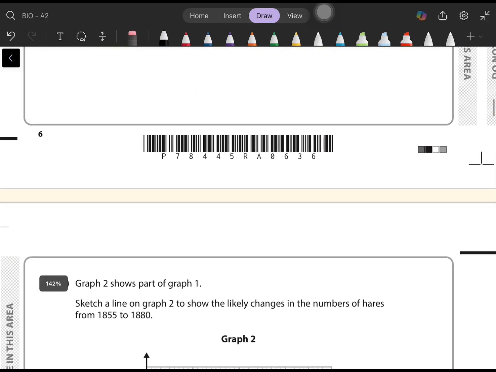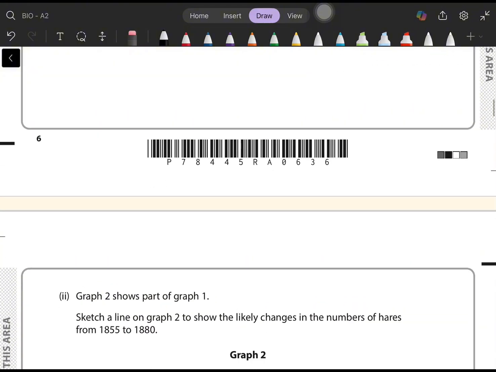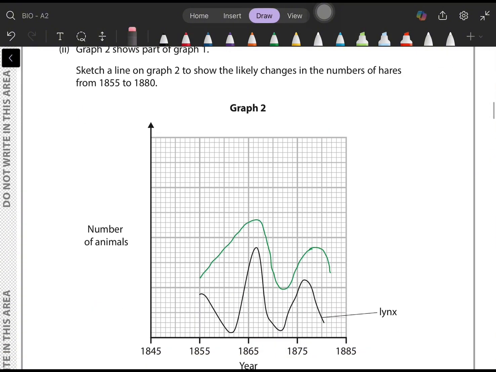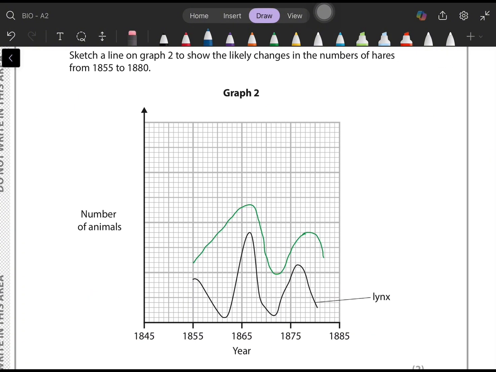Graph 2 shows a part of graph 1. Sketch a line on graph 2 to show the likely changes in the number of hares from 1855 to 1888. So the graph should go something like this, because this graph is given inside your book.